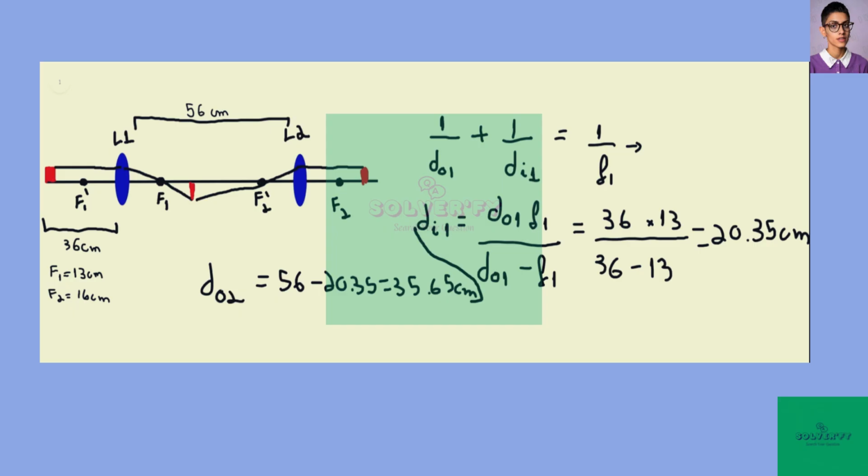And now with this distance, we use the same formula again for the second lens. So let's do this on another page. We have that 1 over the distance of the object plus 1 over the distance of the image is equal to 1 over the focal length.